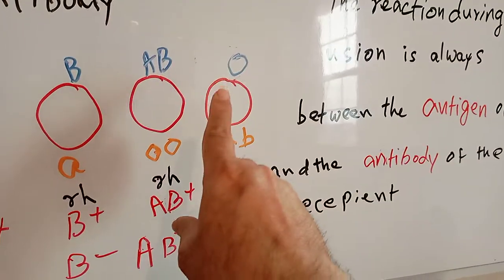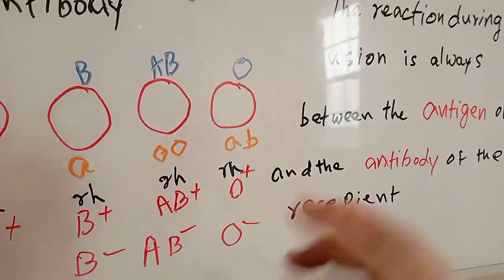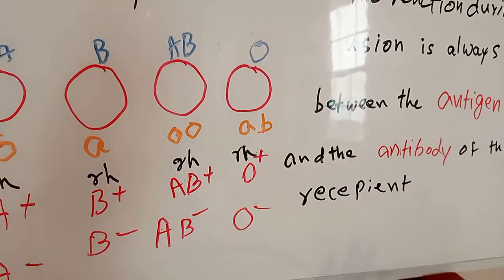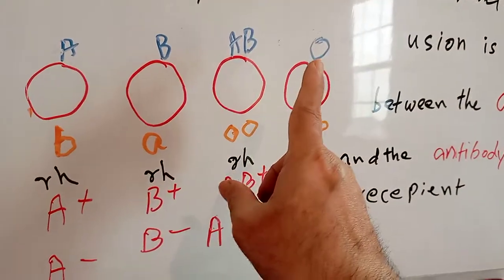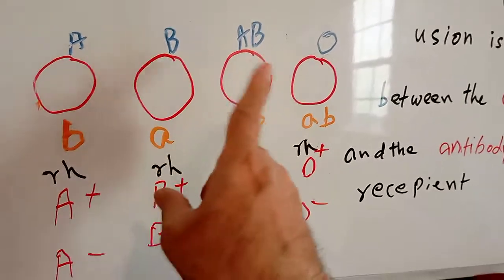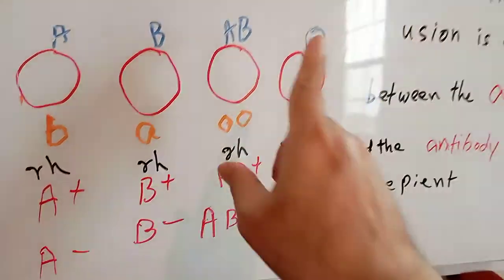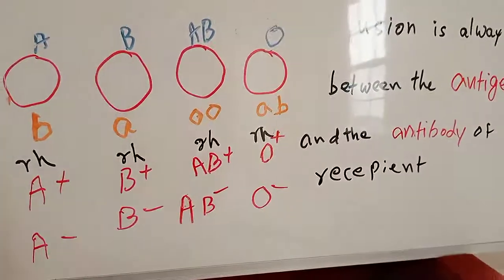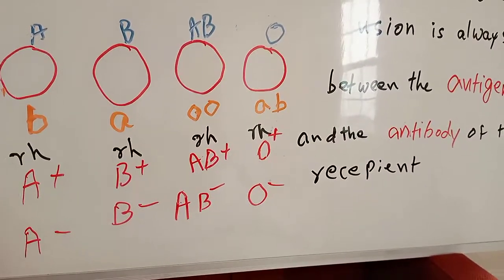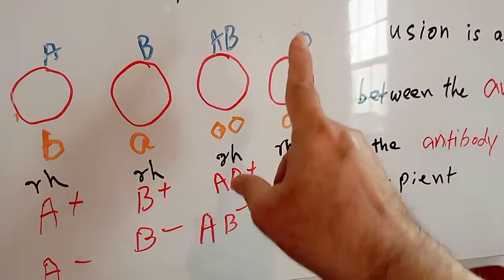As a donor, O has no antigen, so there is no question of reaction. You can give O to anybody. You can give O to A, O to B, O to AB, O to O also. So O is known as the universal donor.